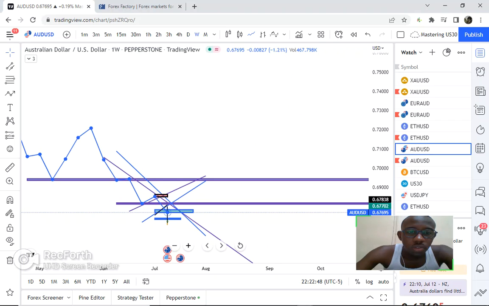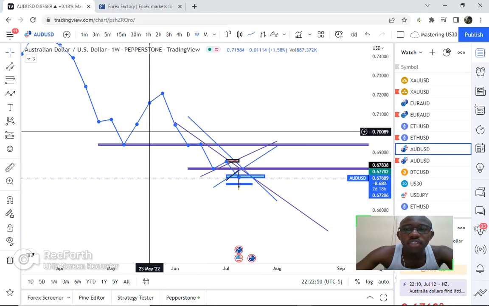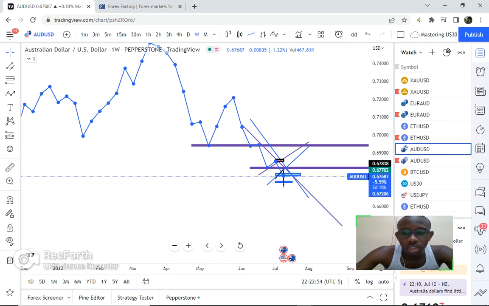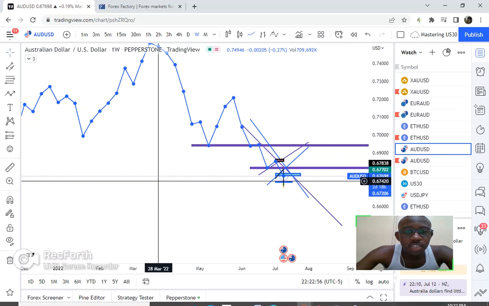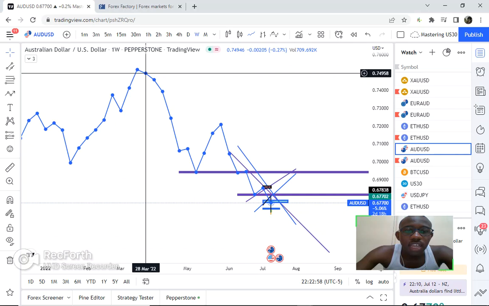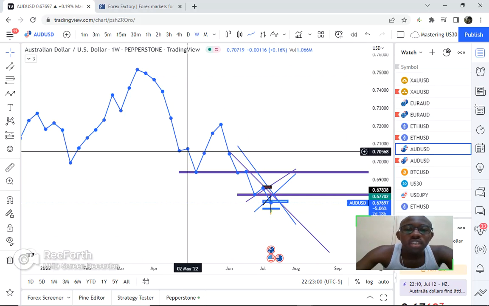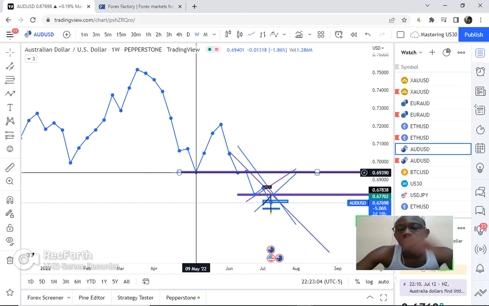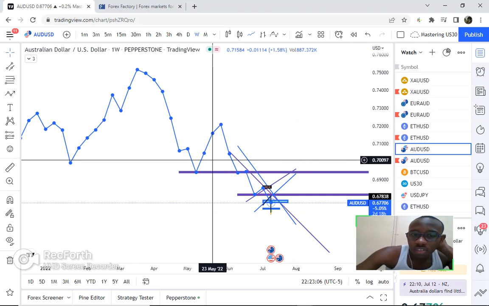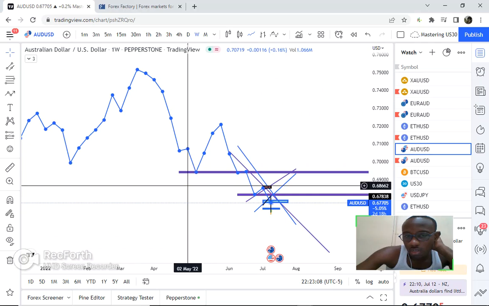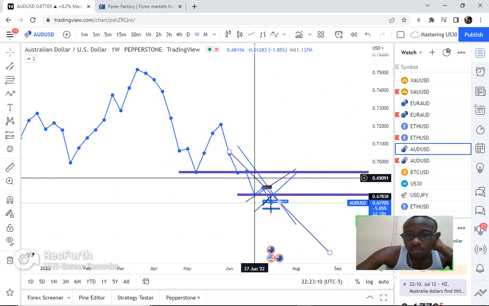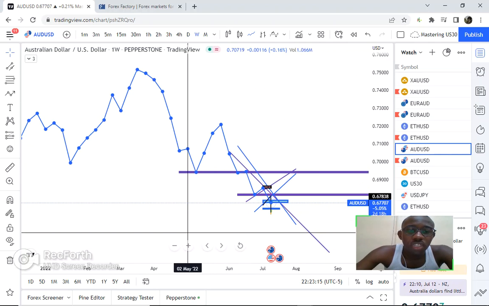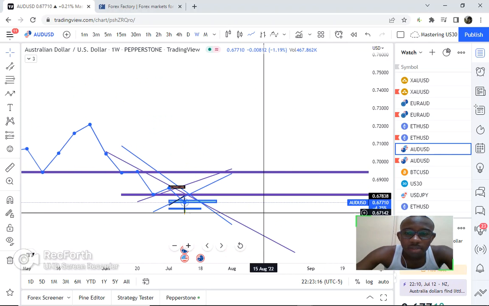Okay, so you would have seen that price is in a downtrend, right? We got this high, got a low here, got a slightly minor high, got a next low, a lower low, got a lower high here, broke this lower low, and we've been making lower lows since then. But that's historic data.